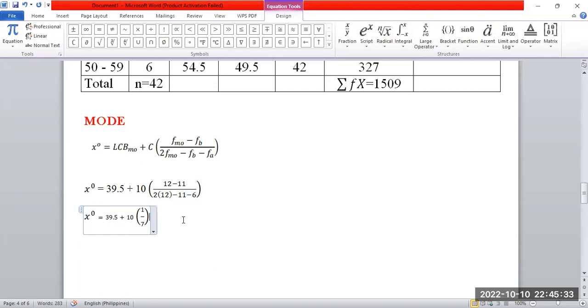Or pwede naman na kasi siyang i-direct actually. Yan. 39.5 plus 10 times the quantity of 12 minus 1 divided by 2 times 12 minus 11 minus 6. And that is equal to, in fraction, that is equal to 573 over 14. And 573 over 14, that is equal to 40.928.